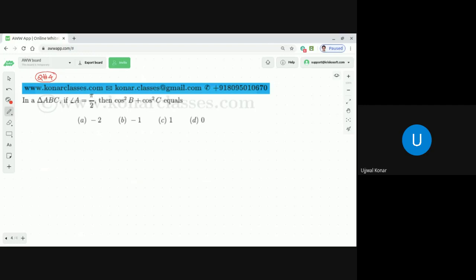See, cos square B plus cos square C. So this value we are going to find out.